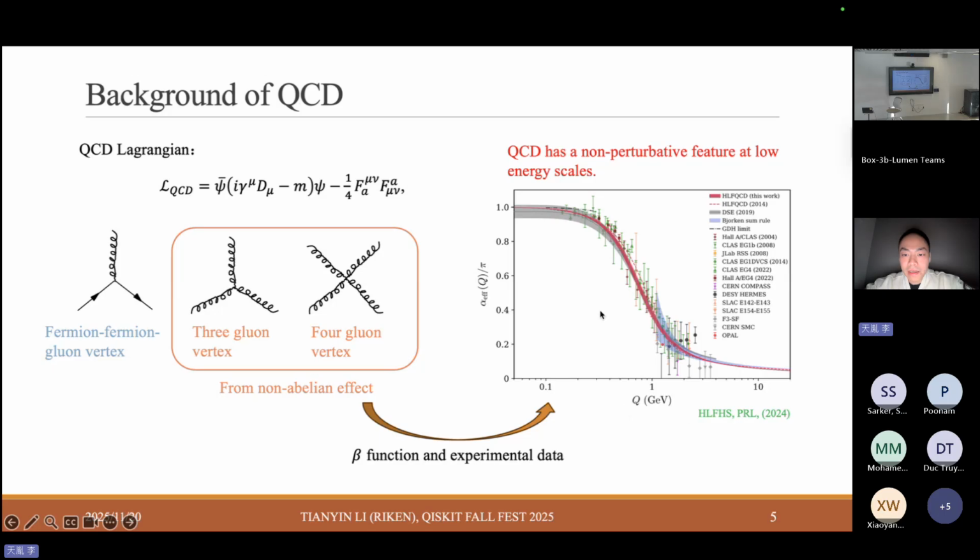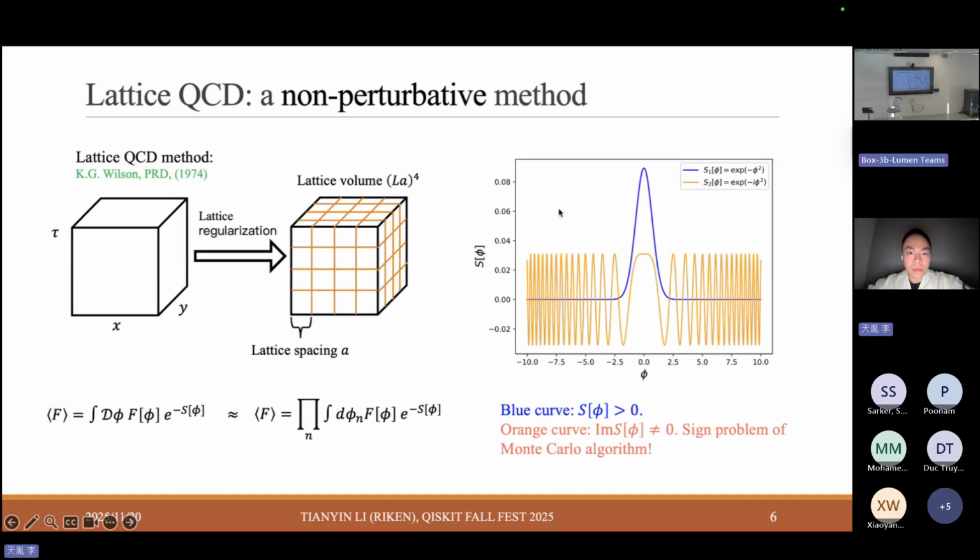We can see that at the low energy scale, the coupling constant will become large. So QCD has a non-perturbative feature at low energy scales. This means we need a non-perturbative method to study QCD.